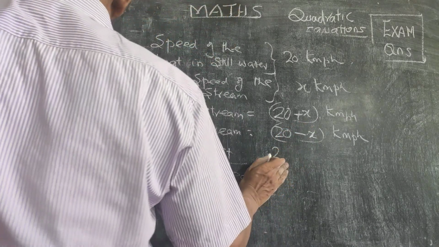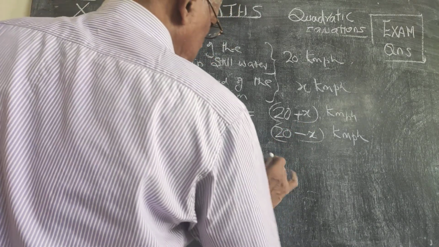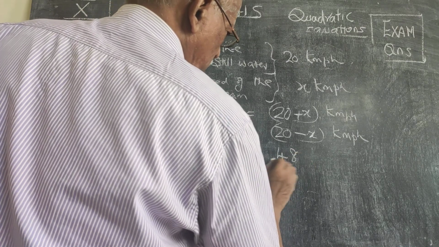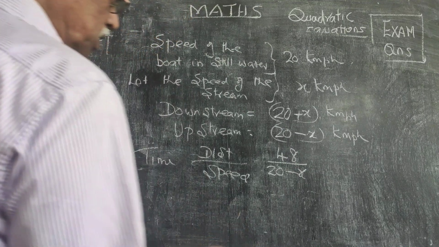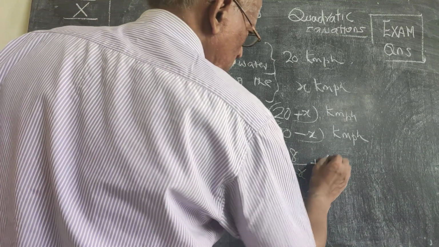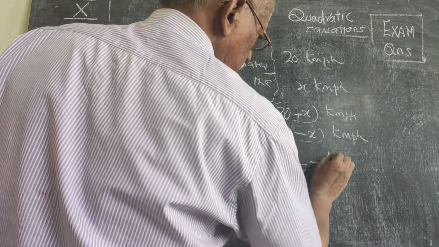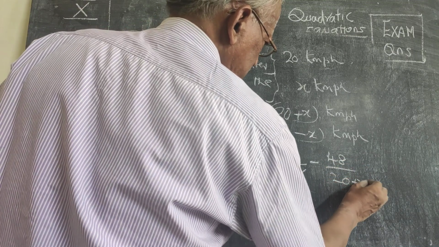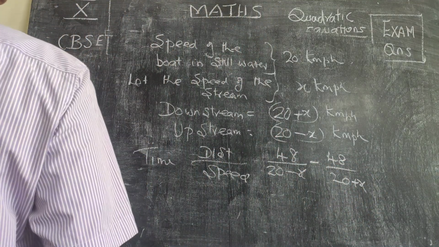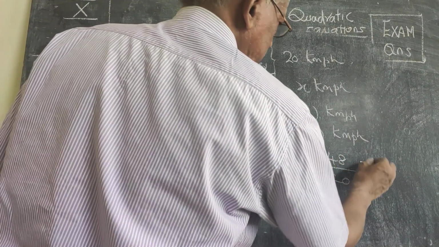So what is the distance? 48 kilometers. 48 kilometers divided by 20 minus x. Same distance you are coming down, 48 divided by 20 plus x. The difference of the time is 1 hour.